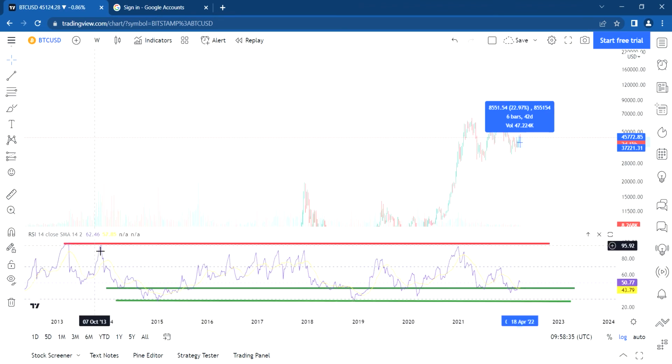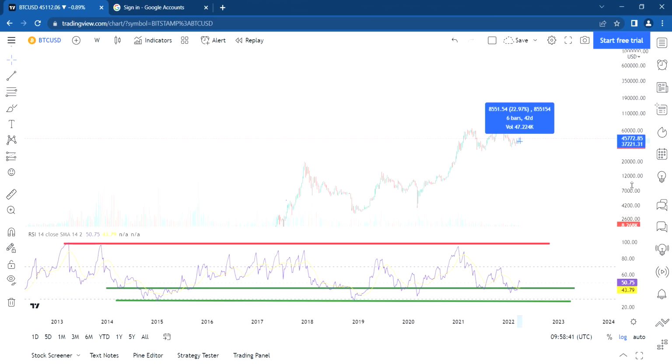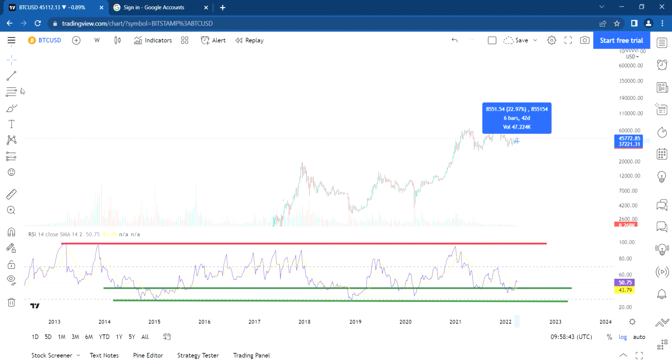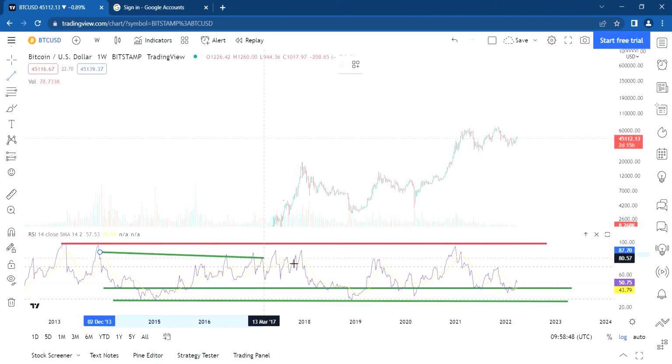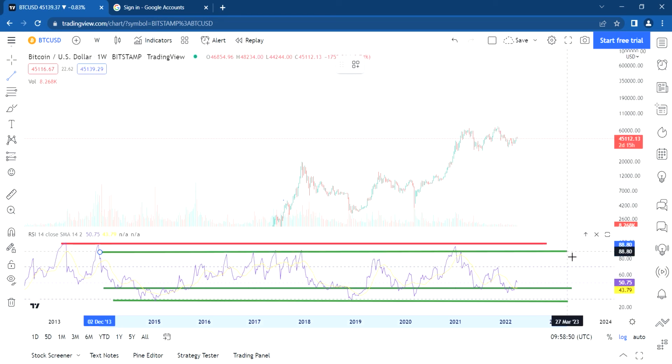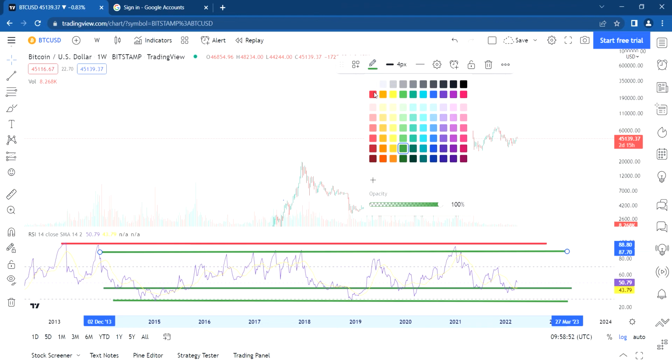So you can see, just as a general simplistic way of analyzing, using the RSI and knowing the levels at which an asset is overbought, where it's overextended. Again, you can have more detail on this. You can do your own analysis. You can see that within this range you'd have been comfortable selling.